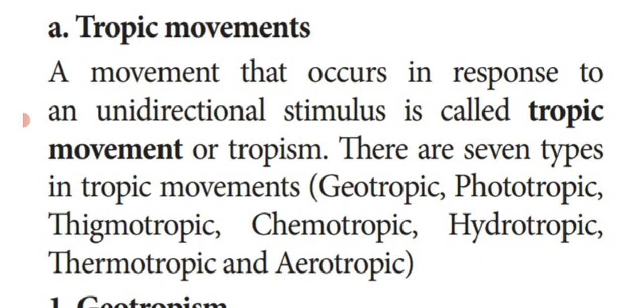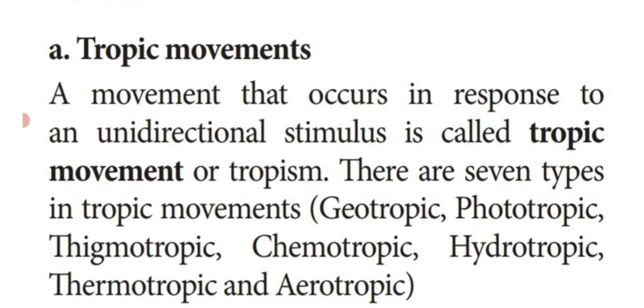Next, tropic movement. Dear students, in tropic movement, the growth movement occurs in response to a unidirectional stimulus. That means only one directional stimulus. The movement that occurs in response to a unidirectional stimulus is known as tropic movement or tropism.